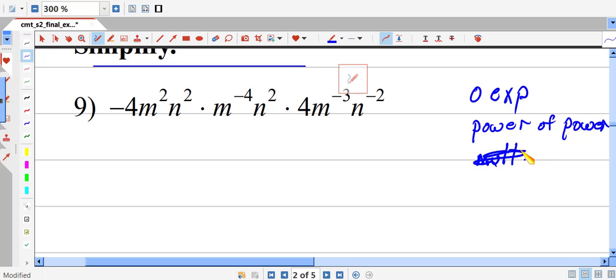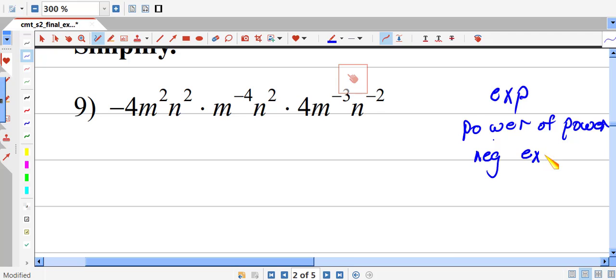Actually, no. Before I do that, I think I do negative exponents. And then I do the multiplication rule, and then I do the division rule.